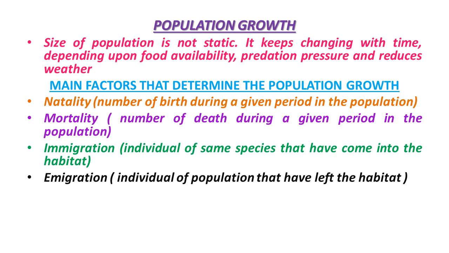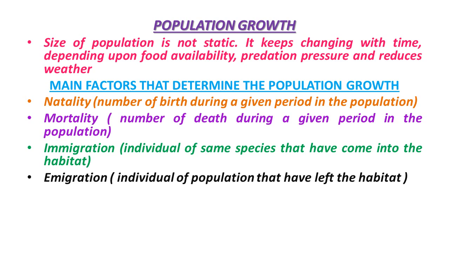In fact, it is these changes in population density that give us some idea of what is happening to the population during this time. It may be flourishing or declining. It means that it can increase or decrease in a given time period. Whatever it may be, whether increasing or decreasing, some reasons are there.